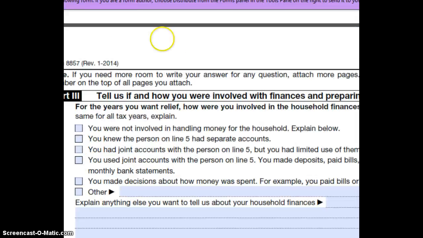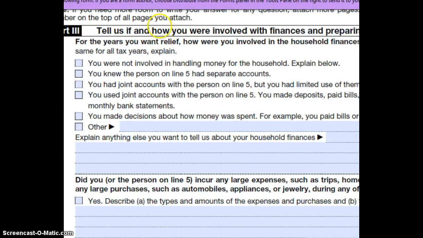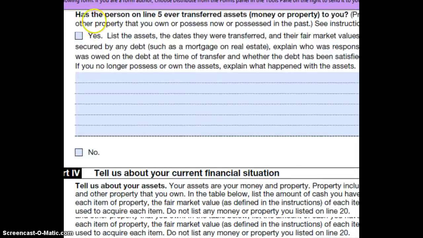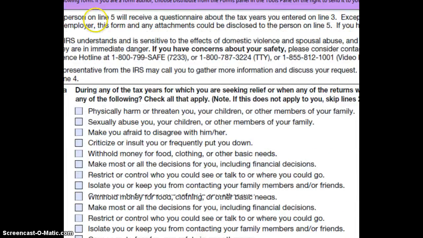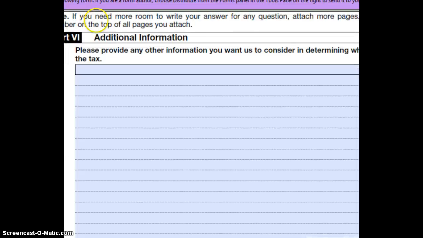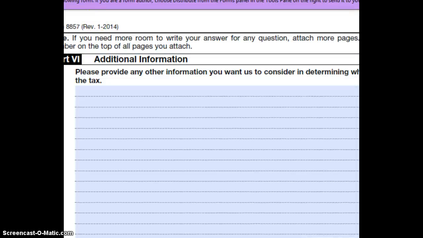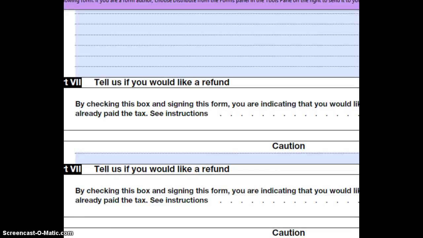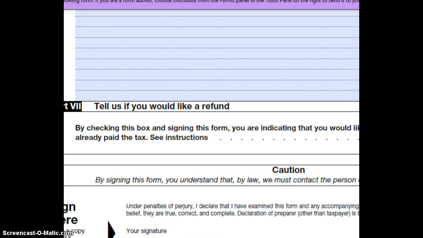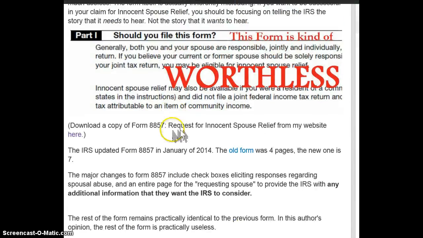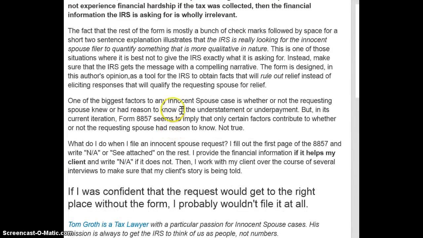All right, so let's just go down here to one of the parts that I think is probably the most useful part of the form, and let's just take a look here. All the way at the end, they say, is there anything else you want us to consider? And they give you a whole page. So let me just talk to you a little bit about what I do in the situation where I'm filing an innocent spouse relief request.